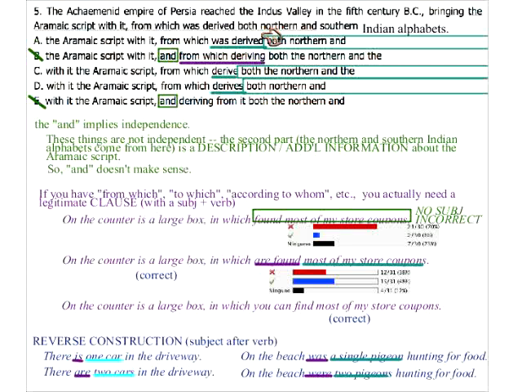On the other hand, you could also take the perspective of, hey, these are alphabets that still exist. So I can speak about them in the present, to emphasize that these are existing items, but I'm talking about their origins. So in that case, from which derive or derives would make sense. These are both fine.